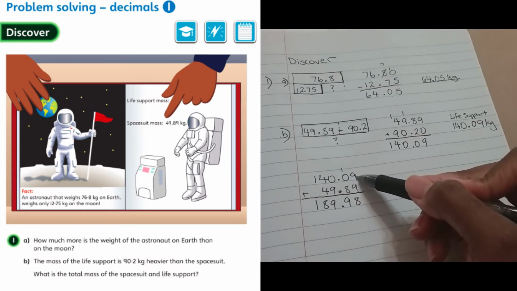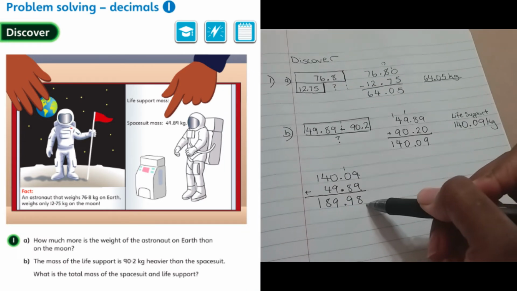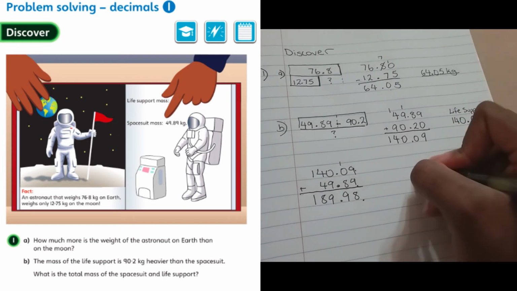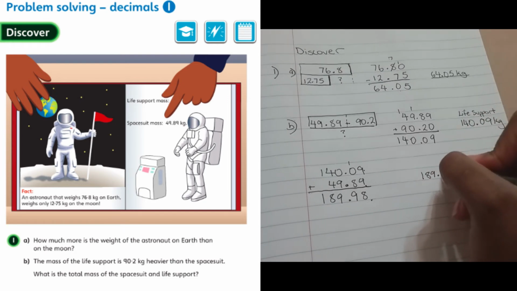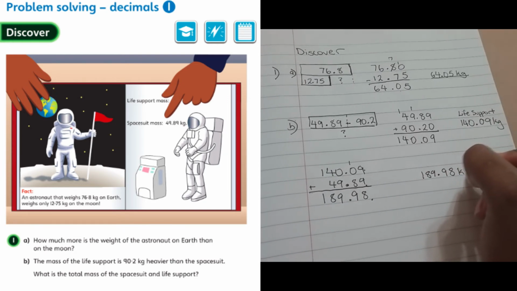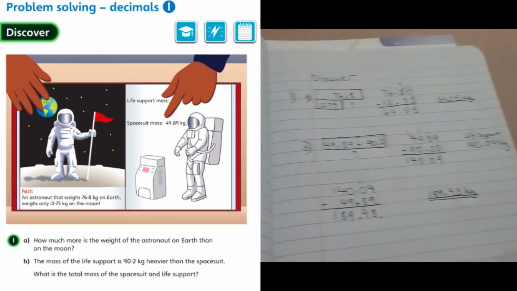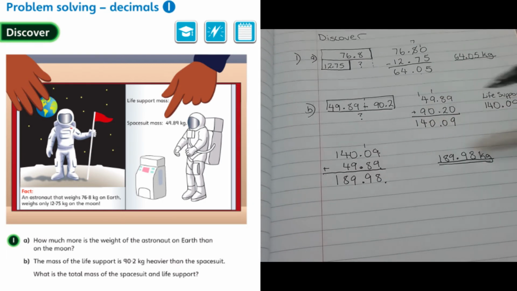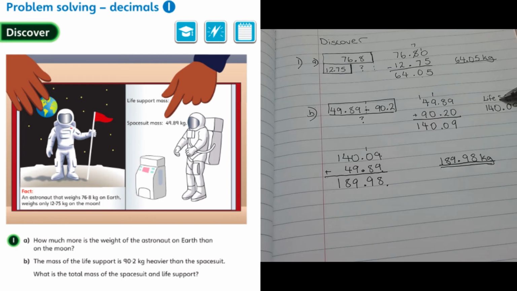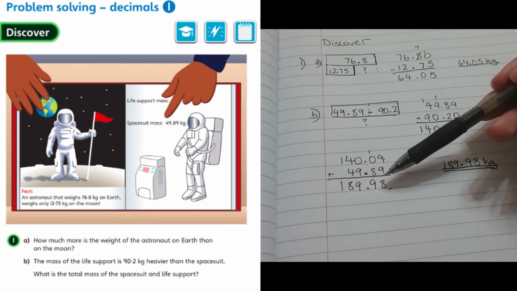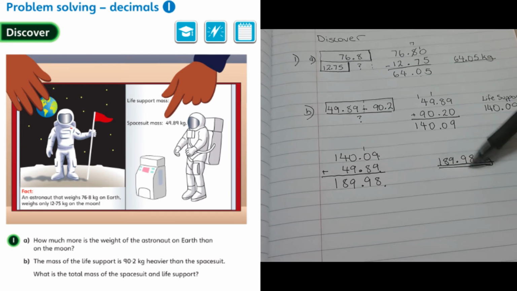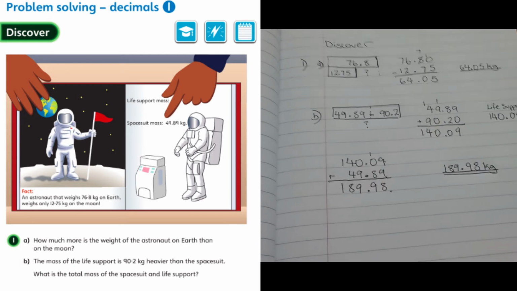So the life support plus the spacesuit added up to this, 189.98 kilograms. And that is my final answer. So this was a two-step problem. First, I had to find the mass of the life support. Then I had to add it together to the spacesuit mass to get my final answer for the total.